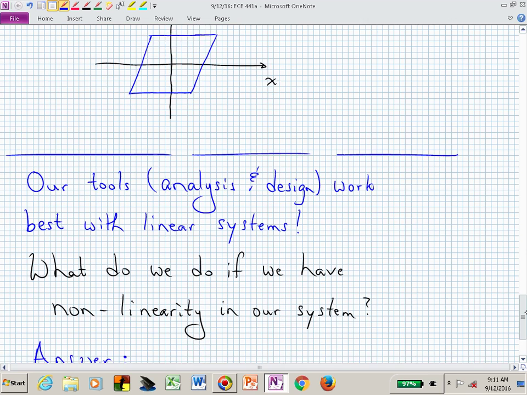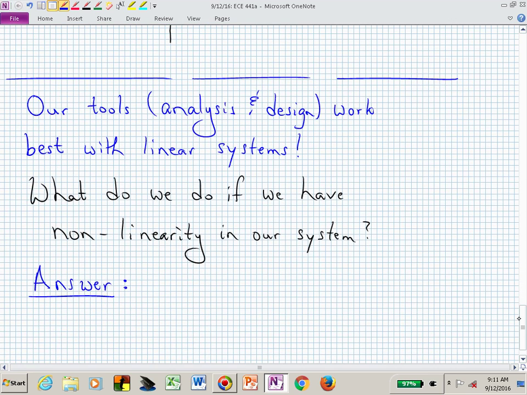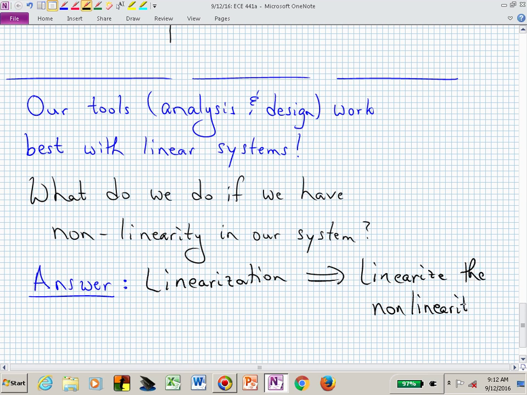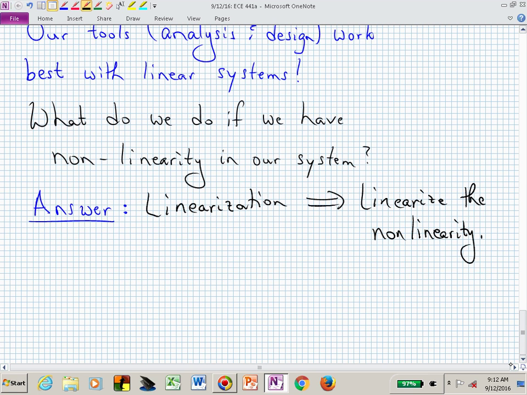Then we could do a piecewise analysis, or what we are just going to generically call linearization. We are going to linearize the nonlinearities that might exist in the system.